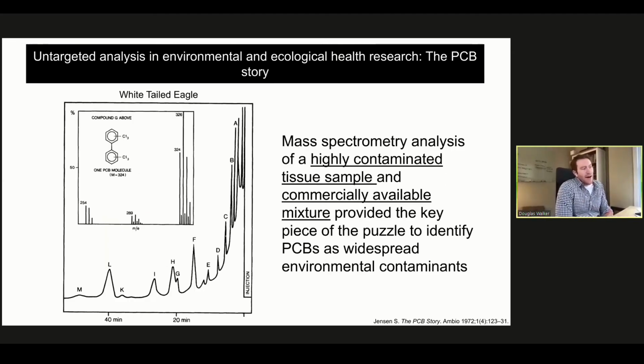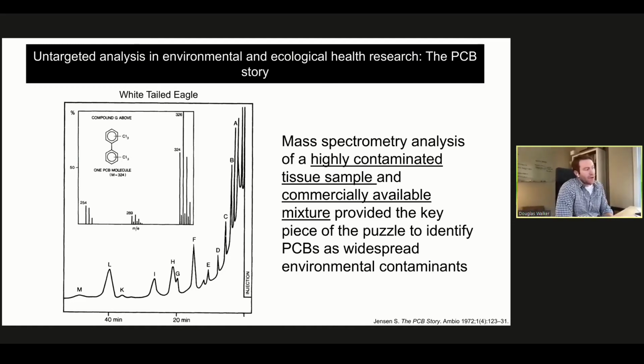And so finally, there was a sample that was found to be extremely highly contaminated with these unknown peaks, to the point that the levels were high enough where he could take an extract and run it on a relatively new technology referred to as mass spectrometry.